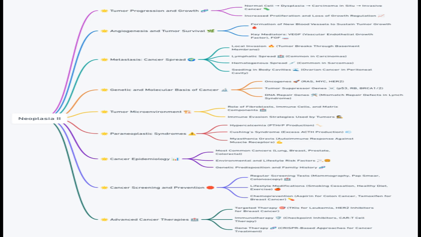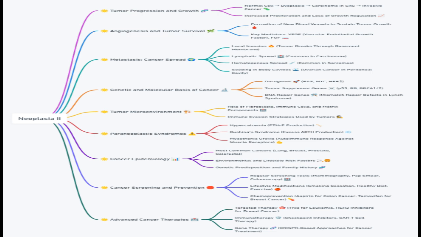Clinical examination, mammography, which shows microcalcifications and an irregular mass, and ultrasound and MRI also, for solid versus cystic differentiation, and also core needle biopsy, which is the definitive histological confirmation, and immunohistochemistry (IHC) for ER, PR, and HER2 markers too.